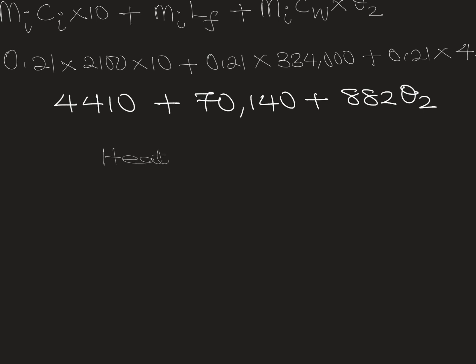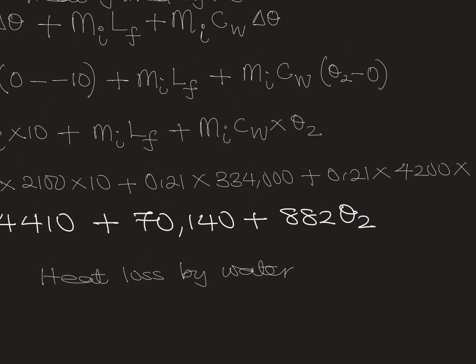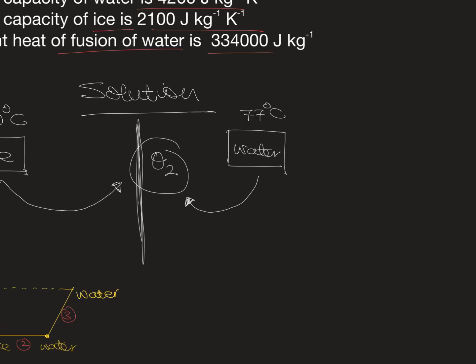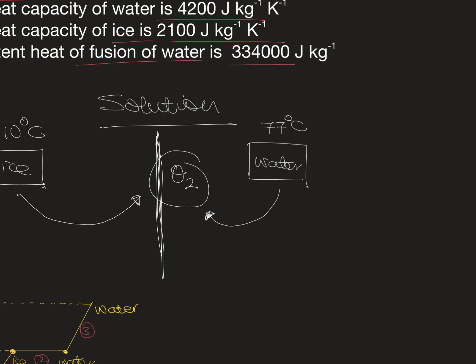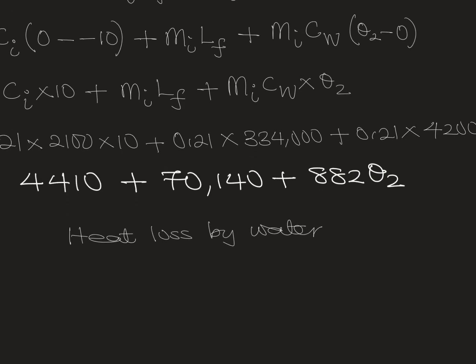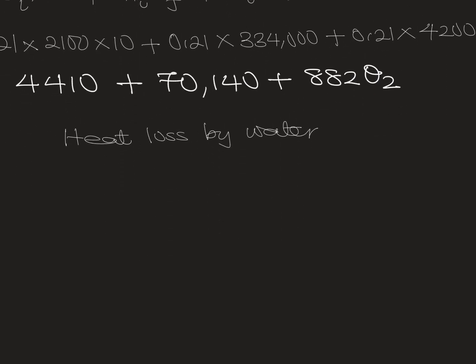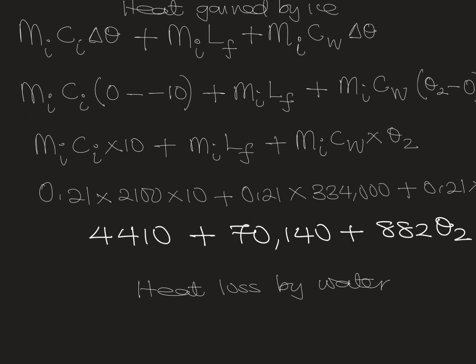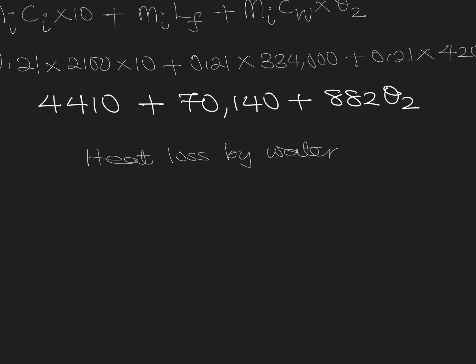The heat loss by water. The water is initially at a temperature of 77 degrees Celsius, so it is going to become water at a lower temperature, which is theta 2. So since there's a change in temperature, we're going to use mc delta theta. That will be the mass of the water, the specific heat capacity of water, times the change in temperature.